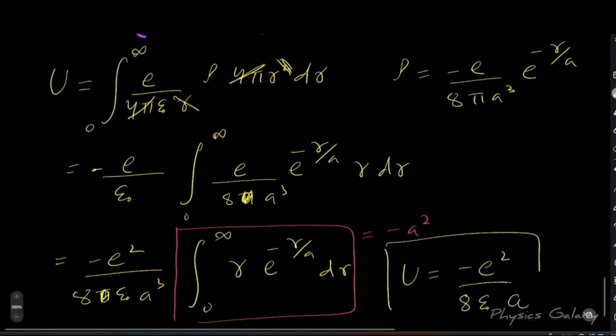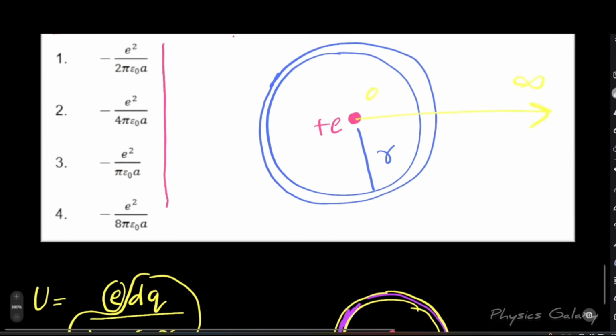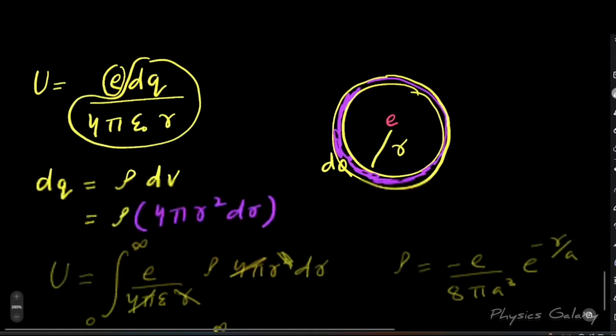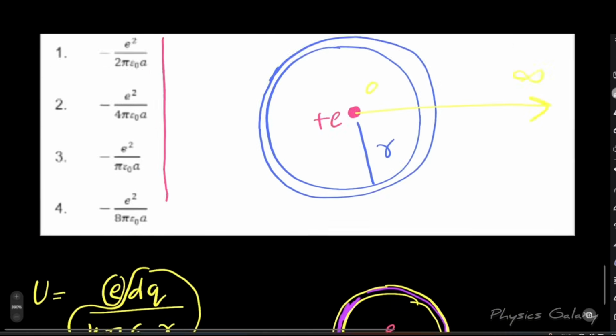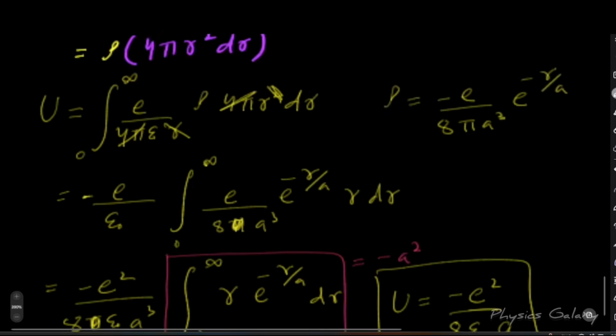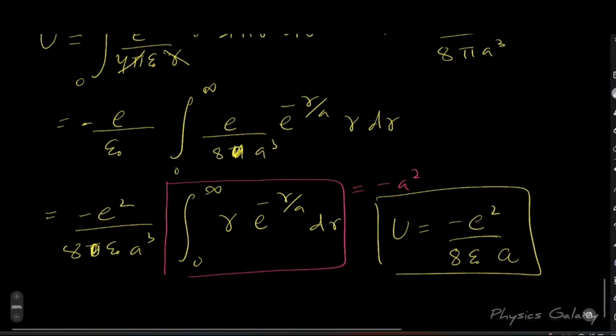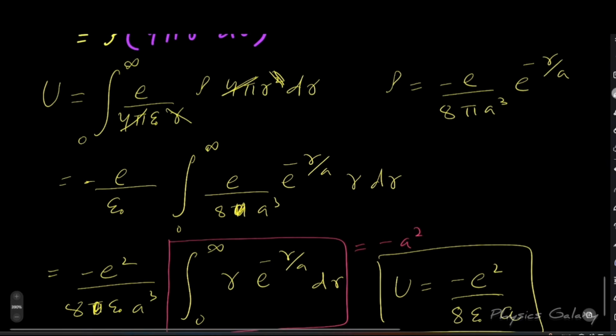So this will be our final answer: minus e square by 8 epsilon naught a. Okay, but there was one more pi here. So this is your final answer.